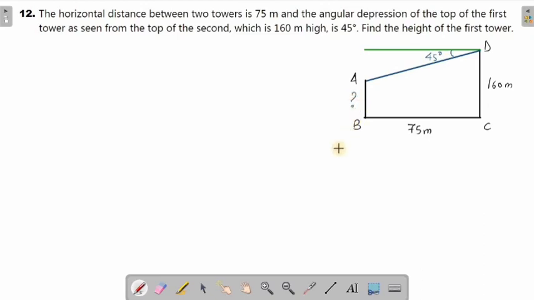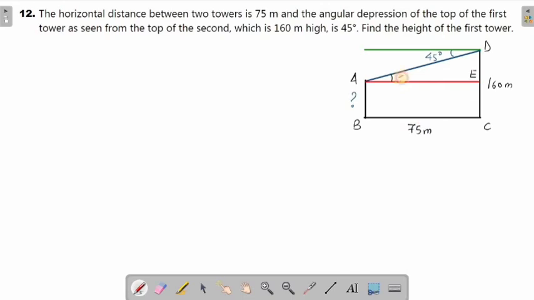What is the height of this? Before I do the sum, I'll draw one extra line. This is the extra line that I am drawing out here. Let me name this point, point E. Just observe this carefully.